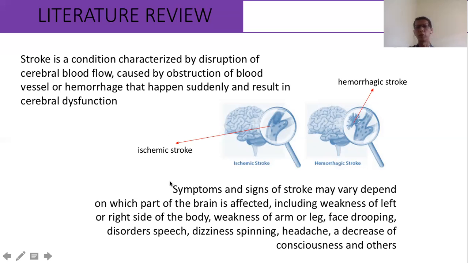Symptoms and signs of stroke may vary depending on which part of the brain is affected, including weakness of the left or right side of the body, sometimes weakness of an arm or leg, face drooping, disordered speech, dizziness, spinning, headaches, and a decrease of consciousness and others.